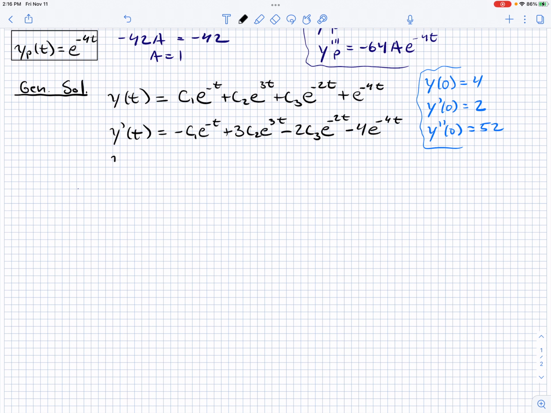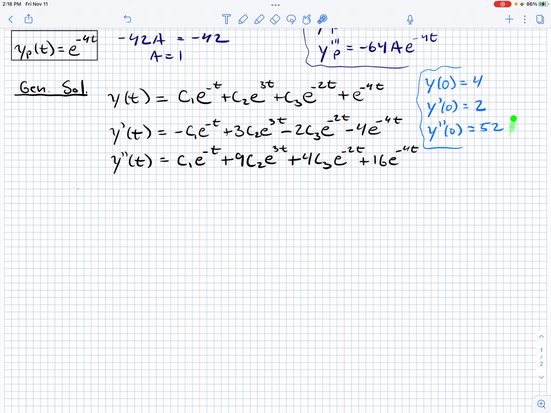Second derivative is just going to be, again using the chain rule, positive c1 e to the negative t plus 9c2 e to the 3t plus 4c3 e to the negative 2t plus 16 e to the negative 4t.